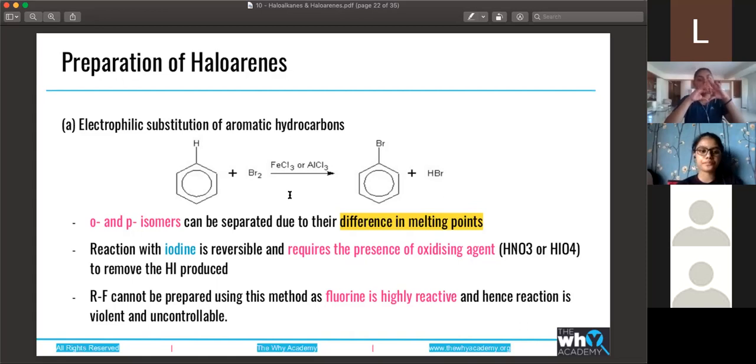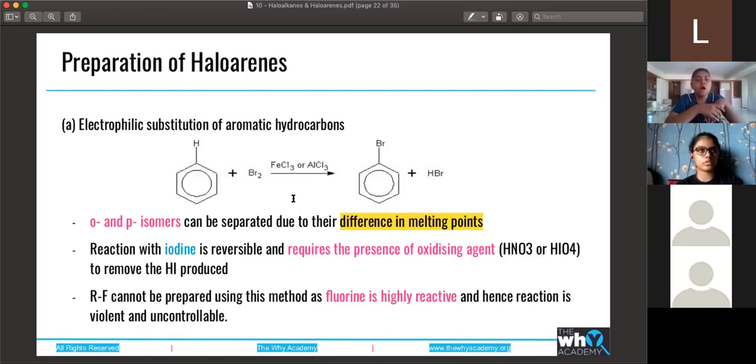Another point you need to remember is, if instead of benzene the given compound was toluene, are you going to get an ortho product, meta product, or a para product? That depends on whether CH3 is ortho directing, para directing, or meta directing.